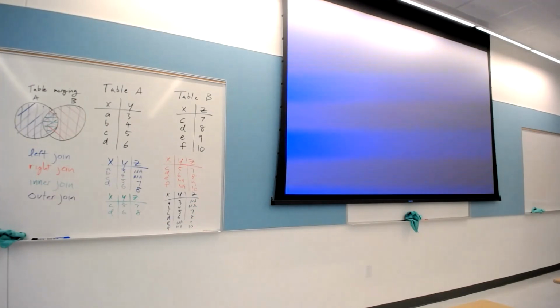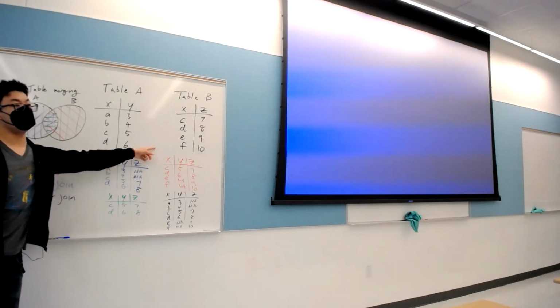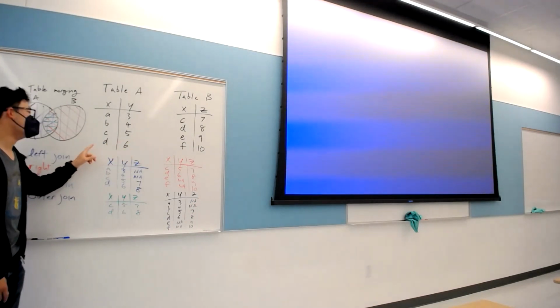So this is a very common sort of procedure. Let's say you have two different types of data sets where both of them contain information on something that you want to look at. You can combine them using this procedure where we match up some kind of reference column.